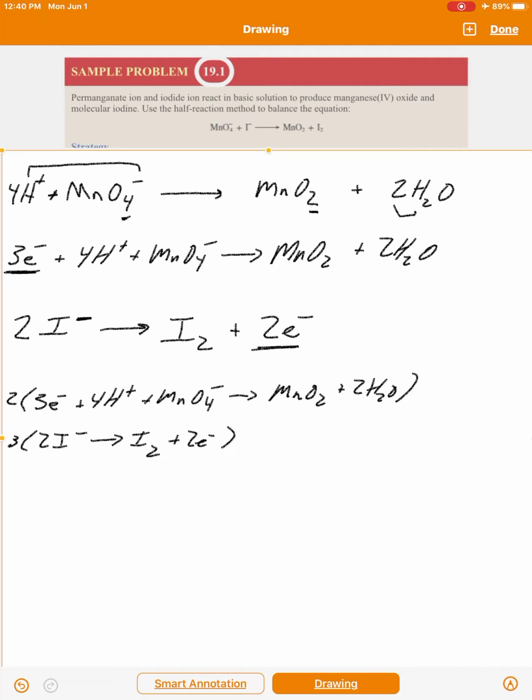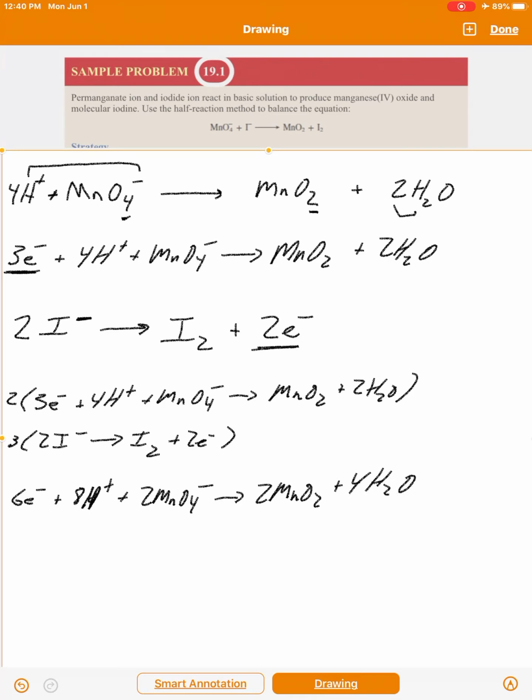Okay, 6 electrons are equal. So for the first half reaction, we got 6 electrons. 2 times 4 is 8 hydrogen ions. 2 times 1 is 2. Gives us 2 MnO2 plus 4 waters.